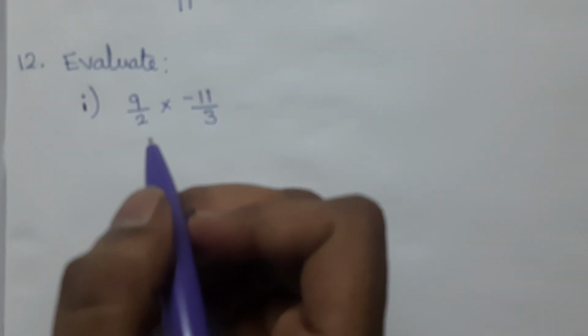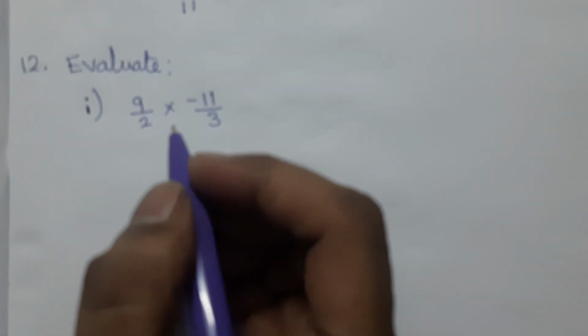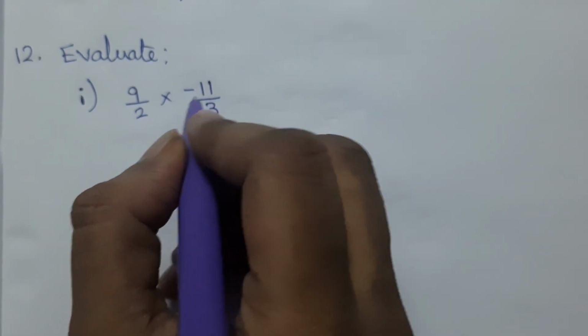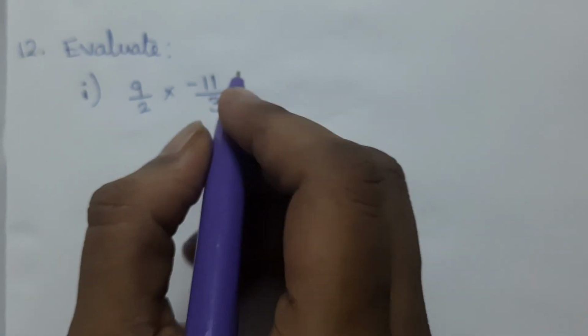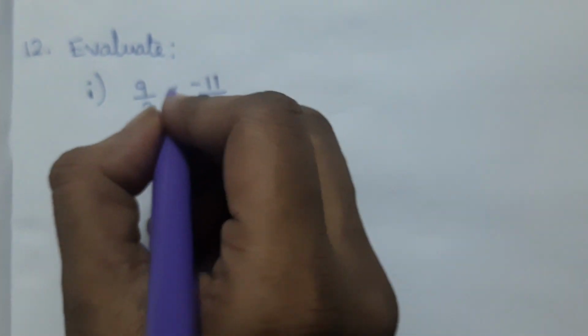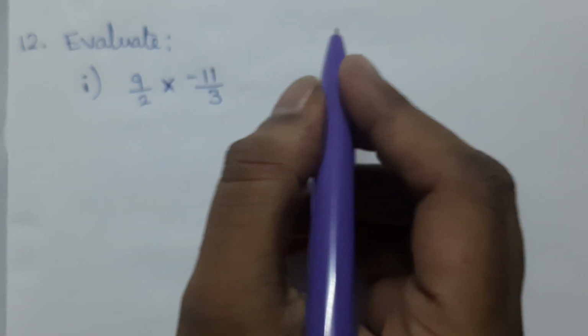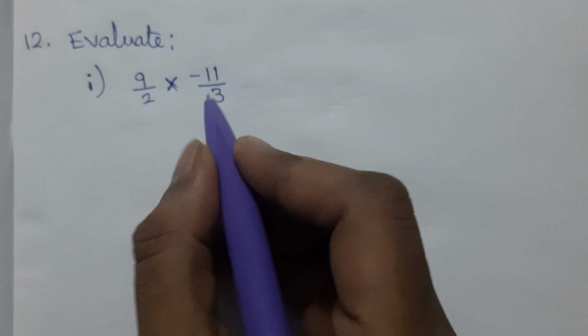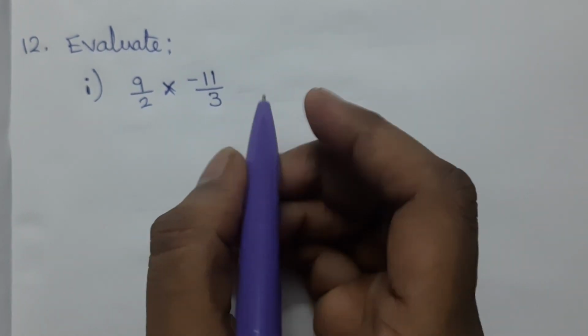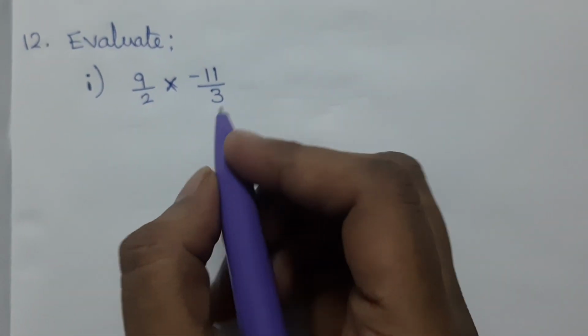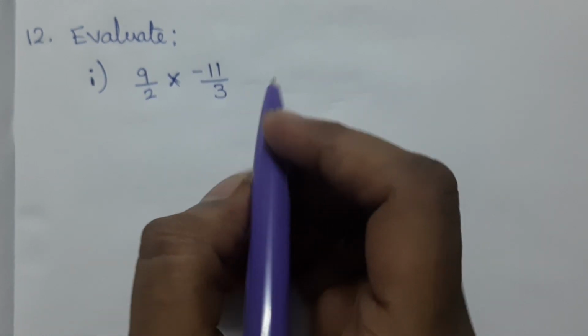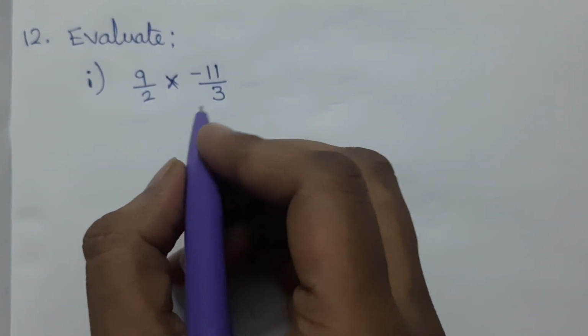Now come to the 12th problem. Evaluate. First one, 9 by 2 into minus 11 by 3. Evaluate means here product is given, product or multiplication. We are going to multiply two rational numbers. Already I told you, if you are multiplying two rational numbers, you no need to see the denominators.